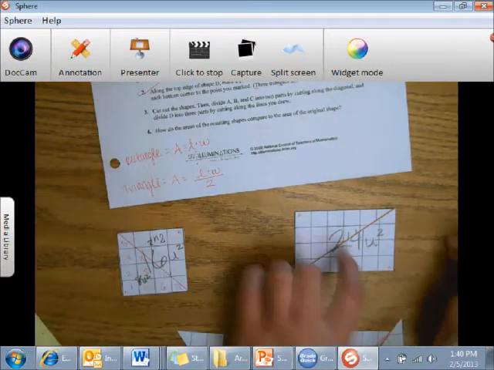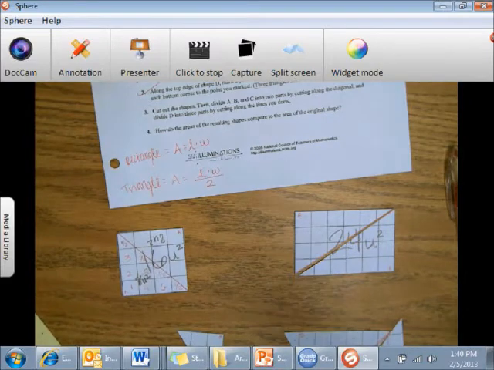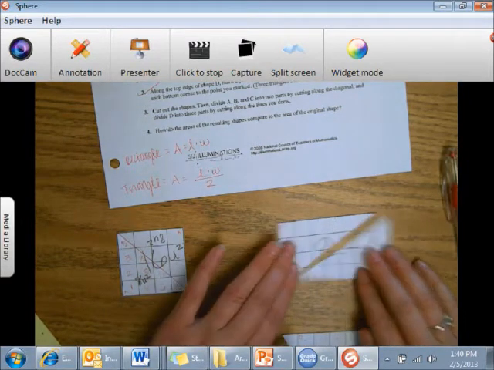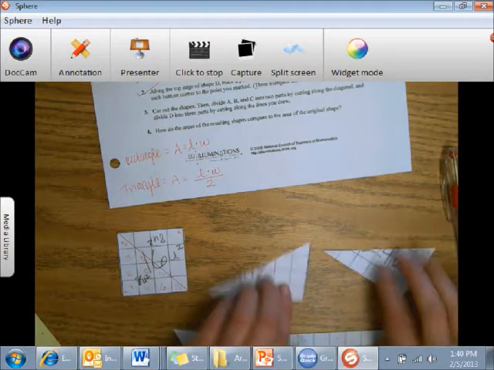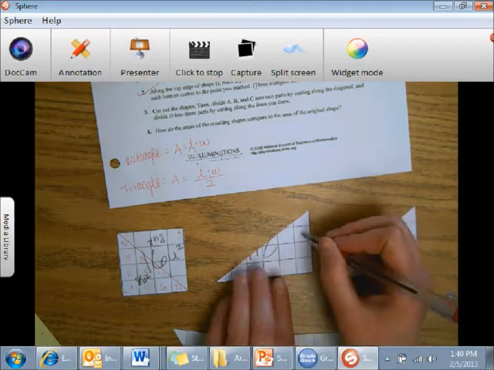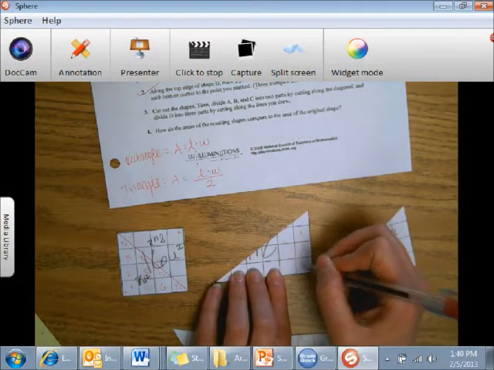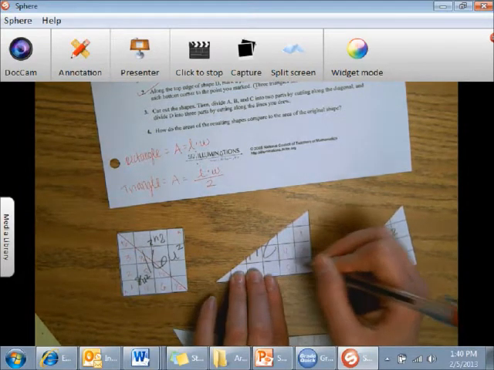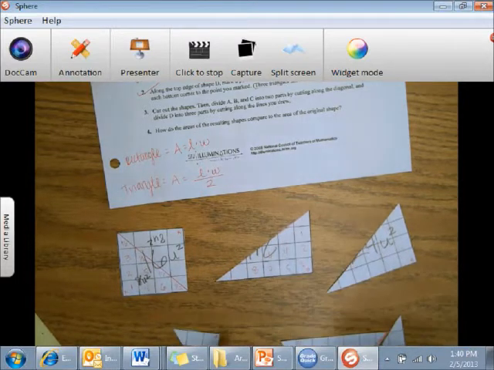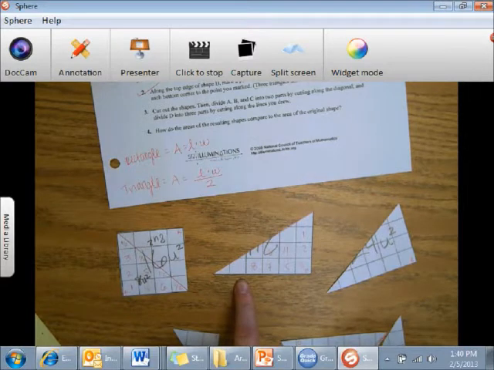Let's see if that works over here. Here we had 24 units squared, right? And these are both the same kind of triangle. They're right triangles. Now let's see, we have 1, 2, 3, 4, 5, 6, 7, 8 definite squares, right?